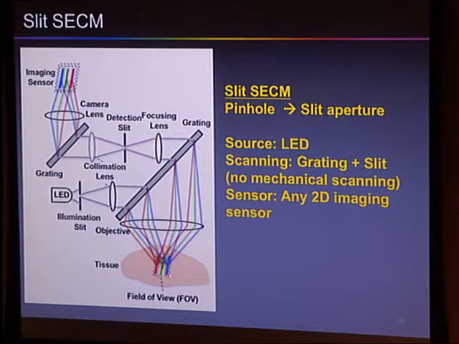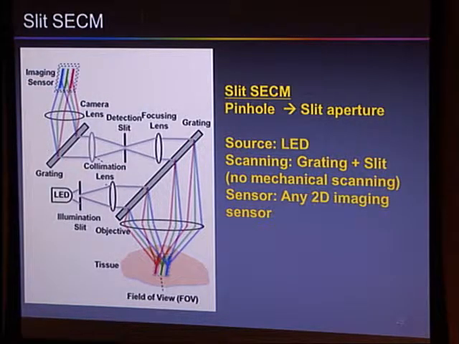What's reflected back from the tissue goes back to the detection slit where we can do the confocal trick. After that, we spread light again to generate the confocal image, and we just need a two-dimensional imaging sensor at this focal plane to collect the data.